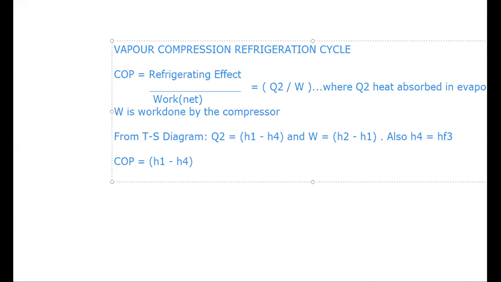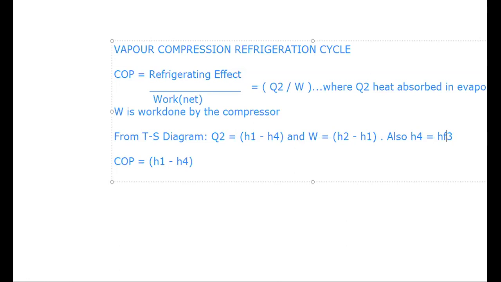H4 equals H3. You see this pressure enthalpy diagram on the right side: 3 to 4 is a vertical line. That means it is an isoenthalpic process, right? So H3 will be equal to H4. That's why I'm writing here H4 equal to H3.